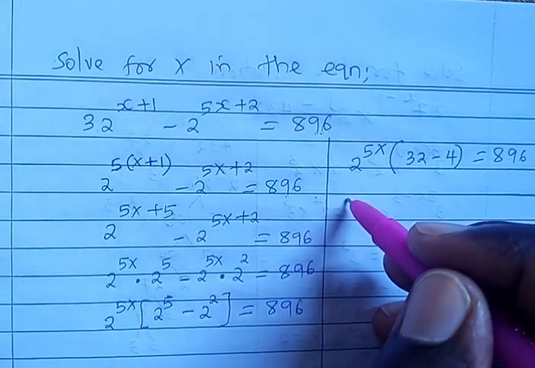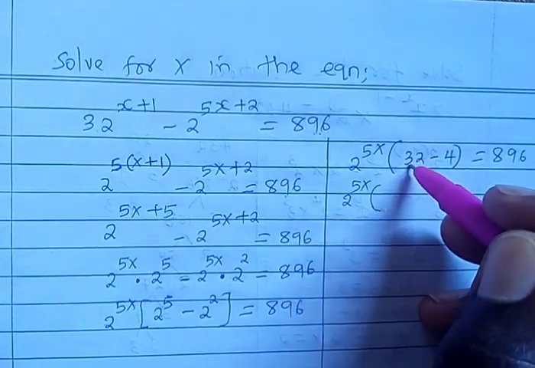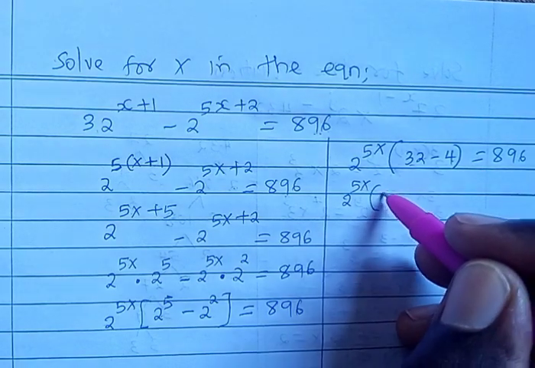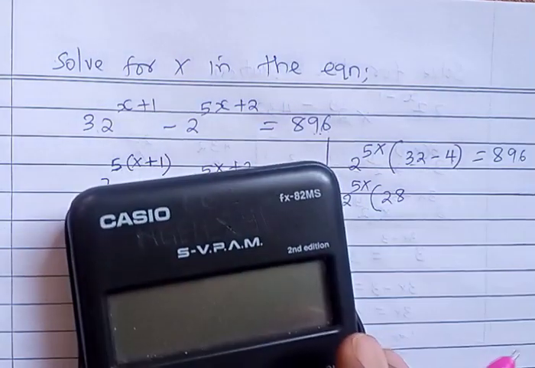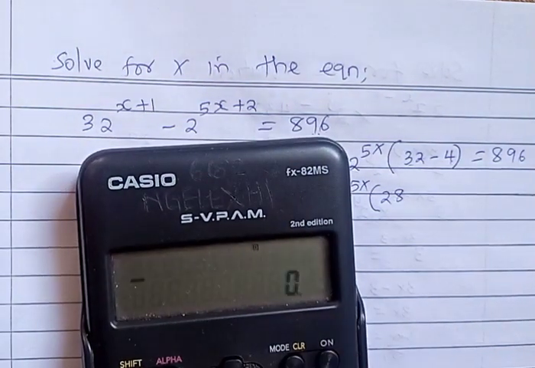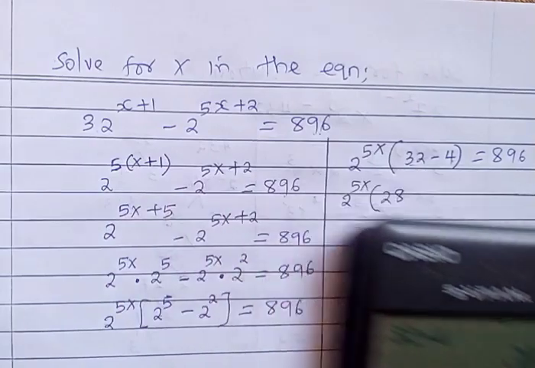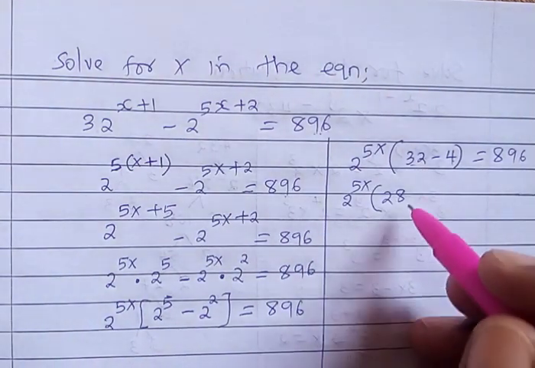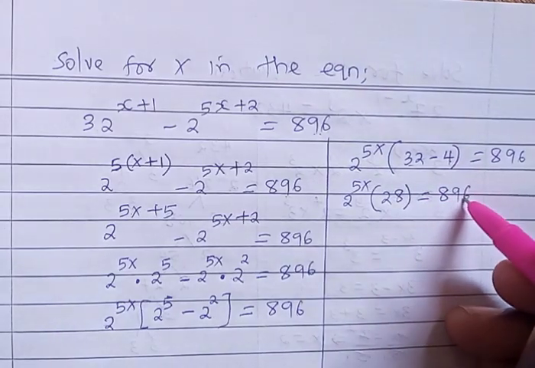Now, that means we shall have 2 raised to 5x into 32 minus 4. 32 minus 4 is just 28, from our calculator. Now, close the bracket here, equals to 896.